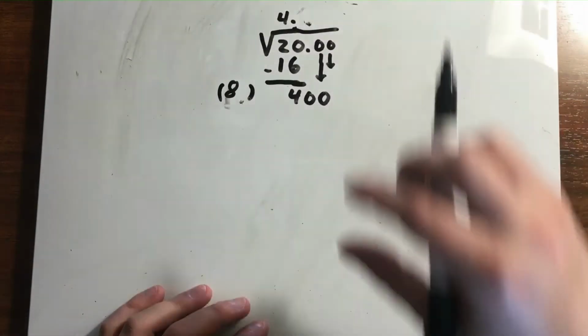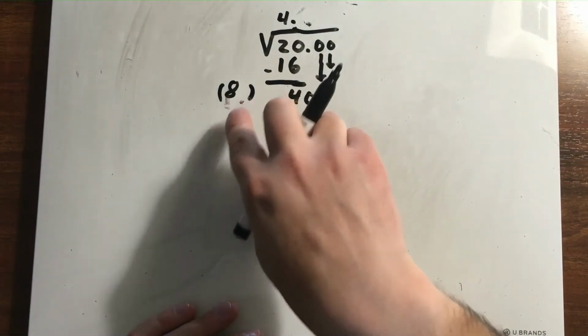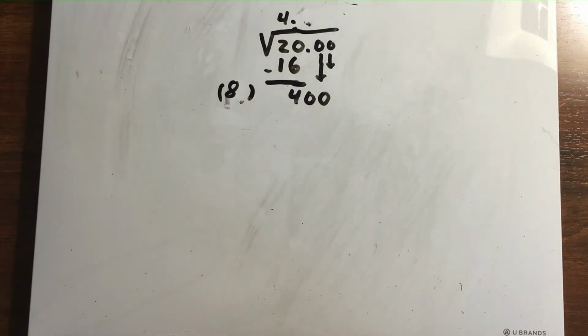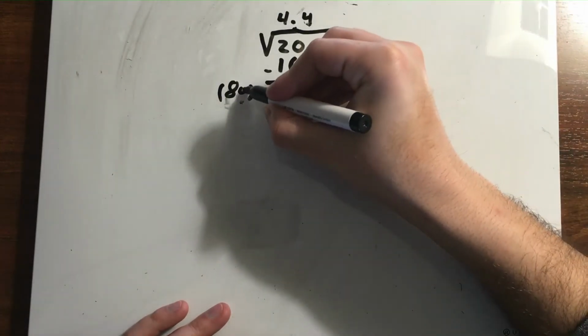So if I do some math in my head, I know this is going to have to be 80 something. And I know that 80 times 4 would give me about 320. So let's try 4. I'll put 4 up here and 4 here.